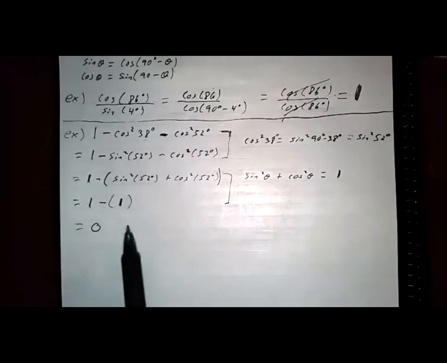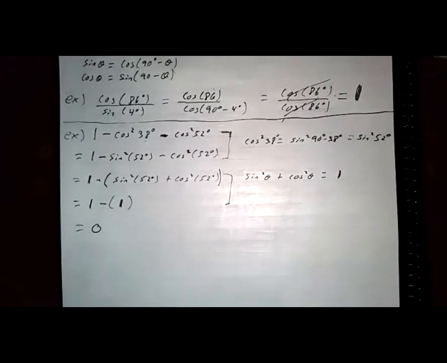The whole point of all this was to simplify the problem using your Pythagorean identities, the complementary theorem, and possibly ratios of sine, cosine and tangent. Remember all those properties I made you write last time. I would have those handy while you do homework.